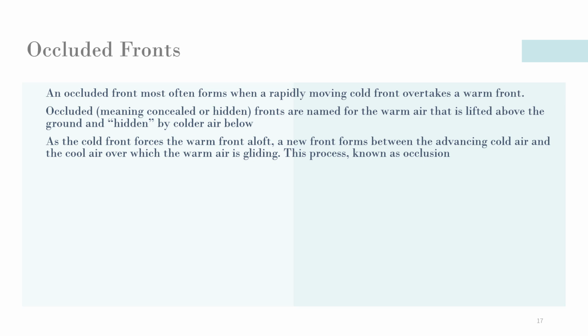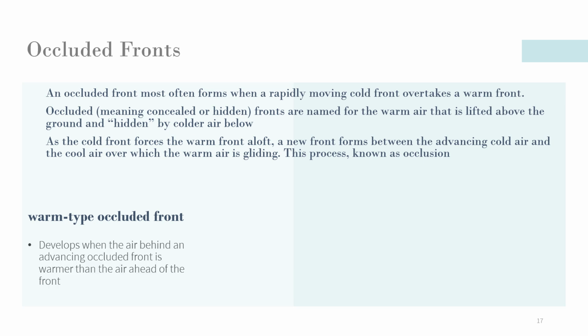So one surface front and the other front that is above, caused by the warm air that is lifted above and is actually hidden by the colder air below. So we have the warm type occluded front.